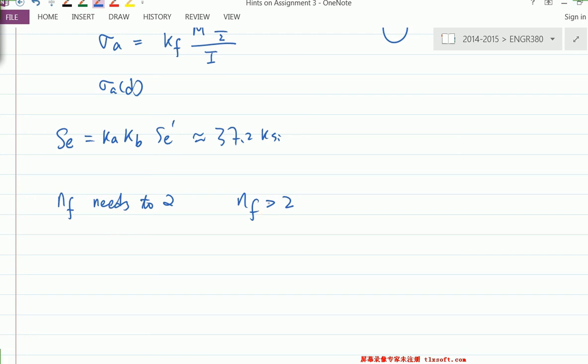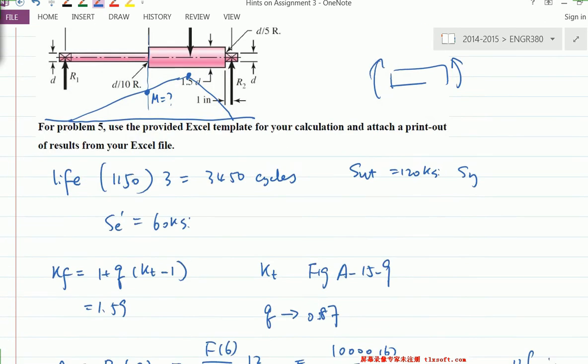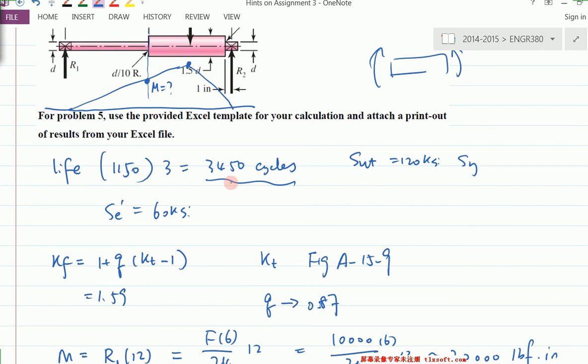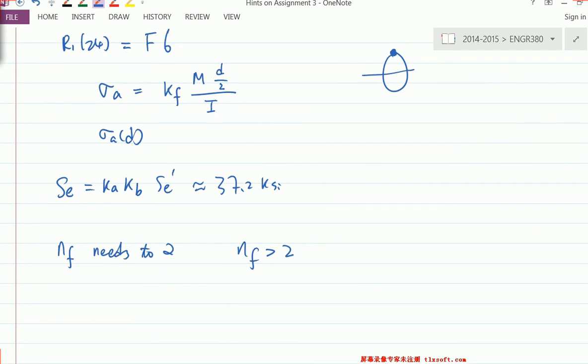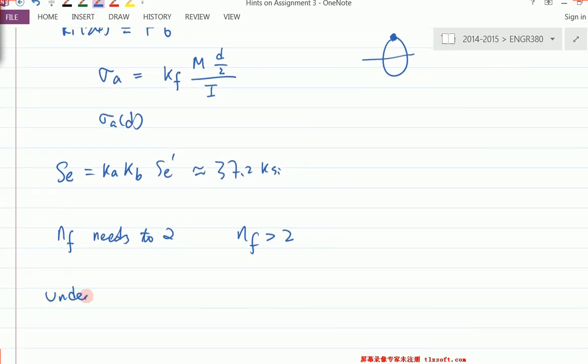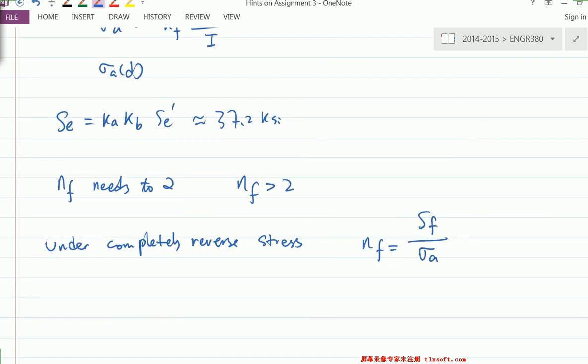In this particular case, you're designing for a finite number of cycles for completely reversed stress or loading. My safety factor calculation should be the fatigue strength over the amplitude of this stress.